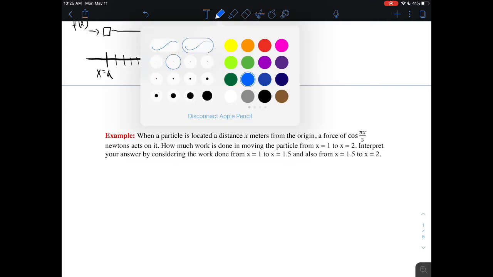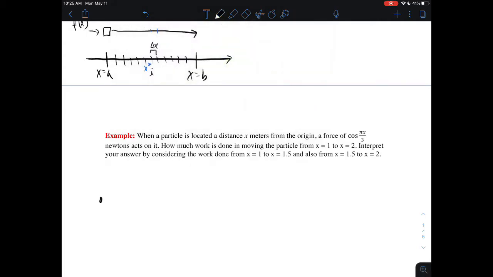So here you can think, again, the origin is essentially x equals 0. We're pushing this object in a positive direction, we can assume. So x equal 1 is where we start, and we're going to end up at x equal 2. Our force is a varying force because this is a function.